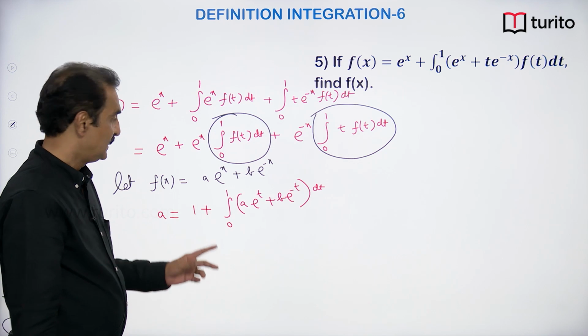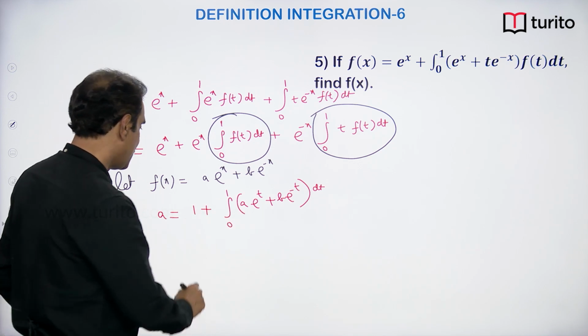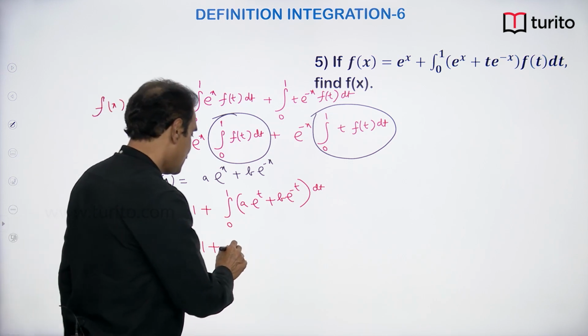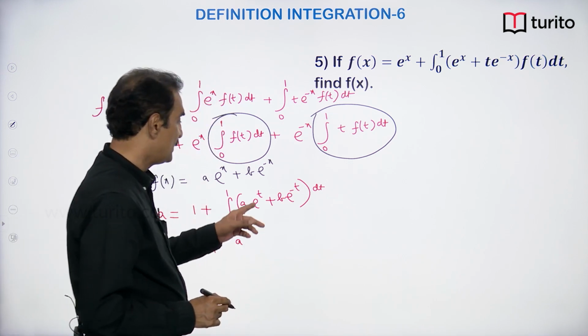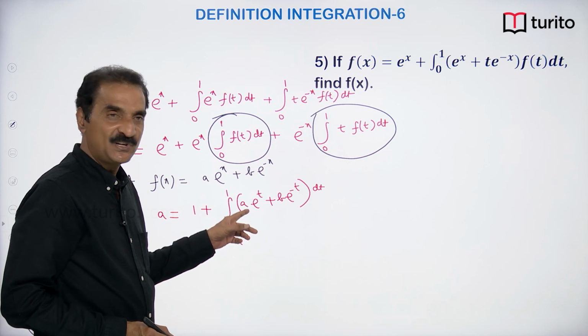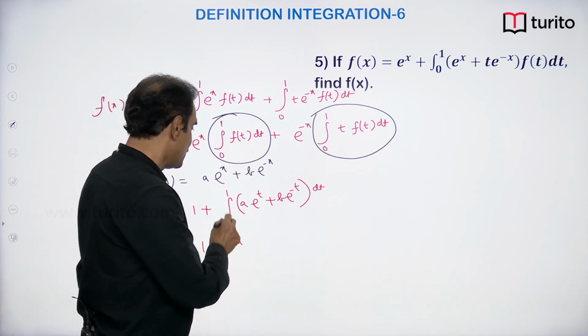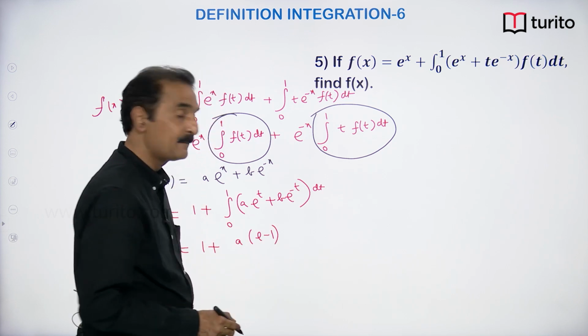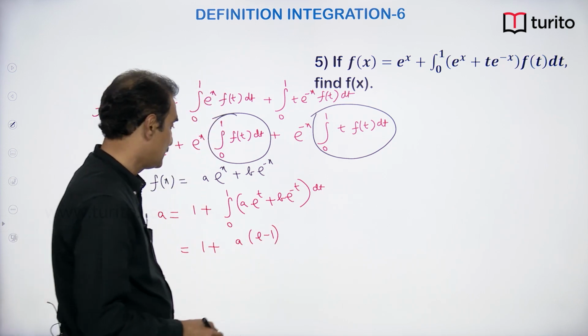Okay. Now we can find this integral: 1 plus a into integral of e power t is e power t, and substituting the limits 1 and 0, you will get e minus 1. Is it not?